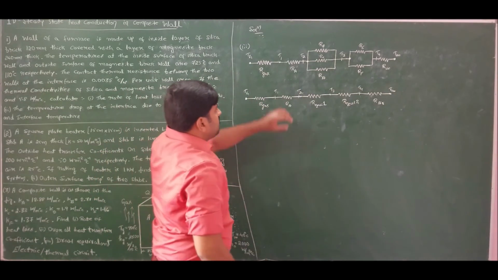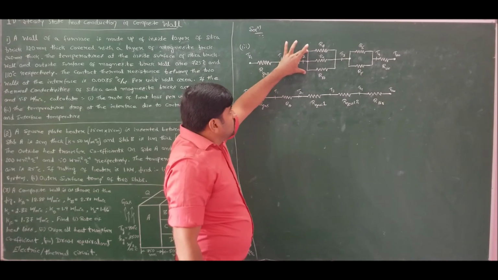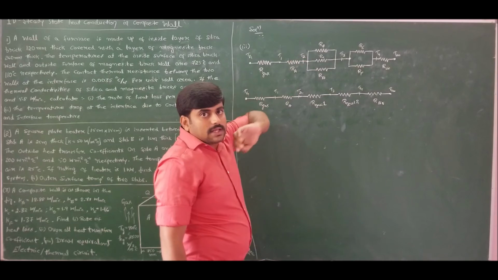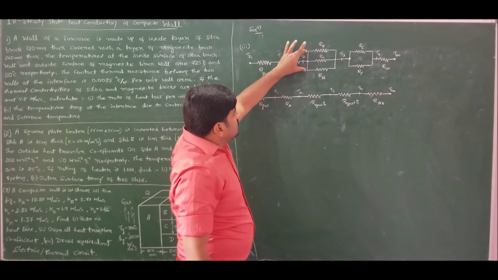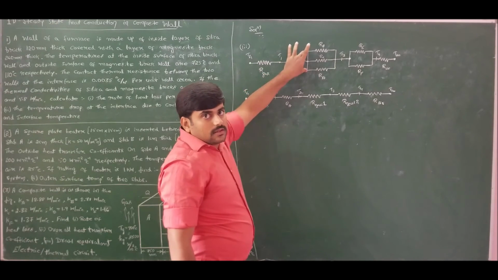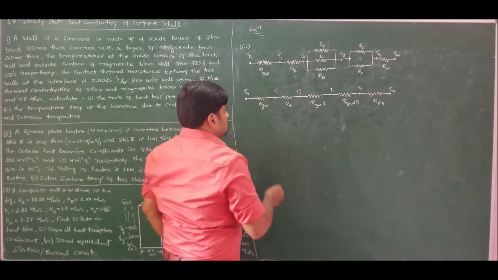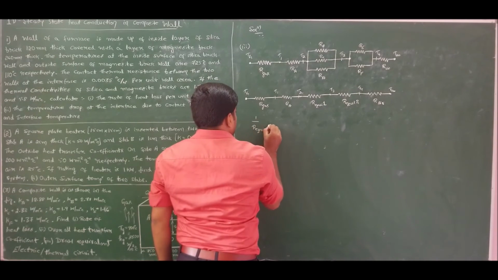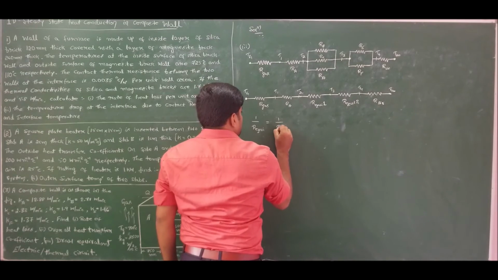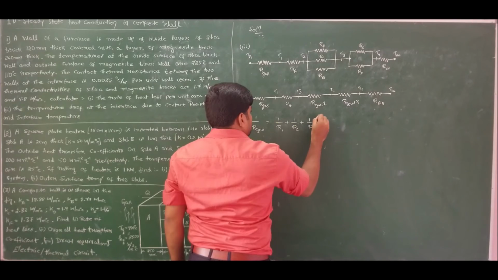Now we know whenever the resistances are connected in series, sorry, these are in parallel case. I am extremely sorry, I am addressing the parallel as series, series as parallel. Here the resistances are connected in a parallel arrangement. Whenever we have resistances in parallel arrangement, the equivalent resistance for parallel circuits is 1 by R equivalent equals 1 by R1 plus 1 by R2 plus 1 by R3.